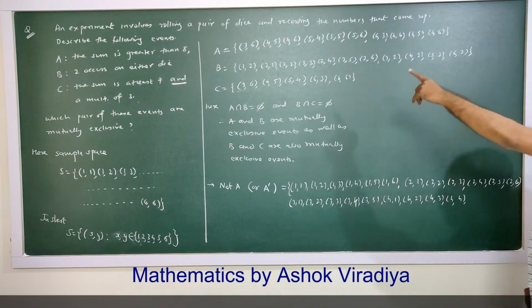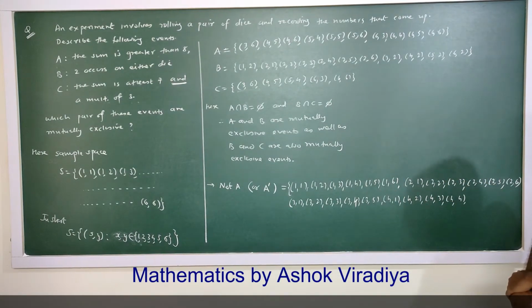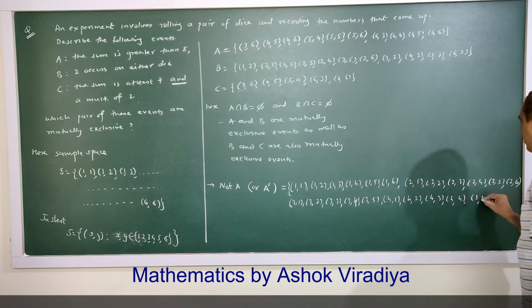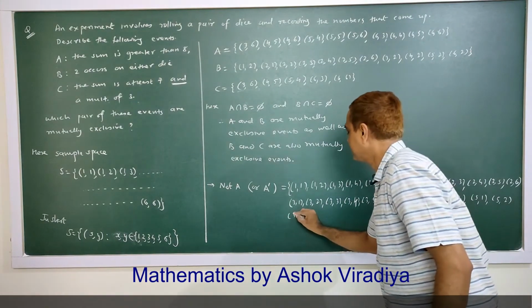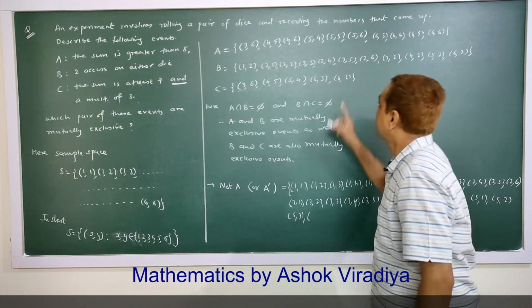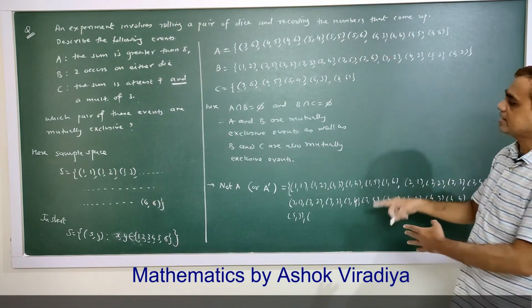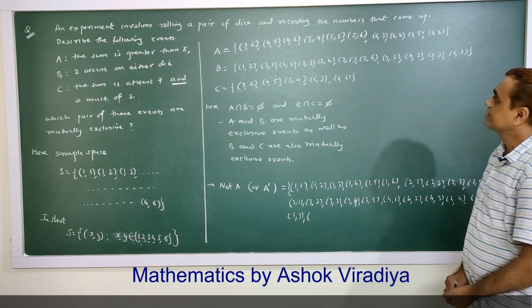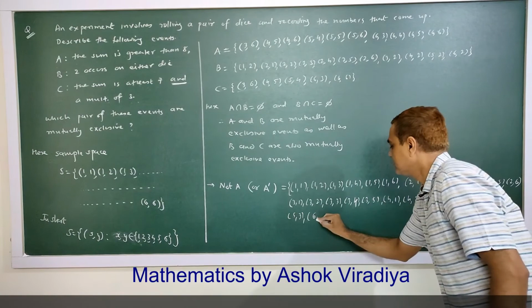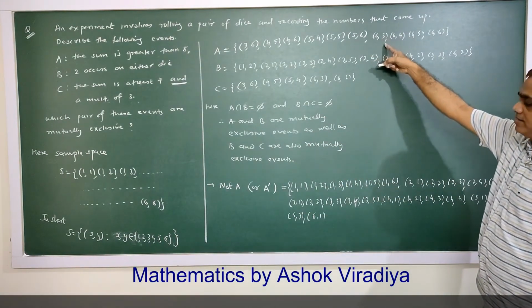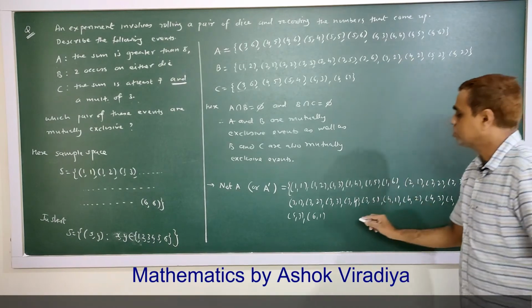Then 4 5, 4 6 are there. Then 5 4. Here 5 1, 5 2, 5 3; 5 4 is there, so don't include here. 5 5, 5 6 are there, so don't include here. Then 6 1. 6 1 is in S but not in A. 6 1, 6 2.